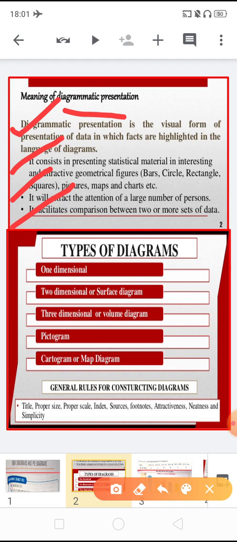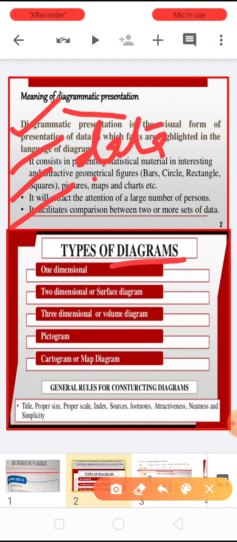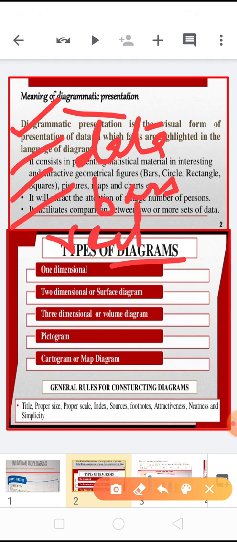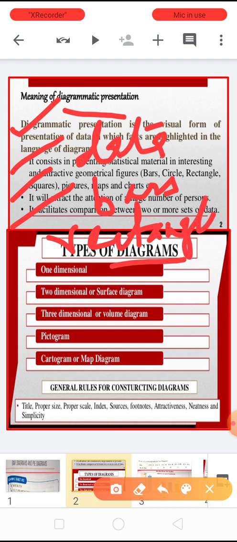As I just said, what are diagrams basically? Children, bar diagrams are those diagrams in which the data are being presented in the form of bars or in the form of rectangles. So when the data are being presented in the form of bars or in the rectangles, then it is called bar diagrams.